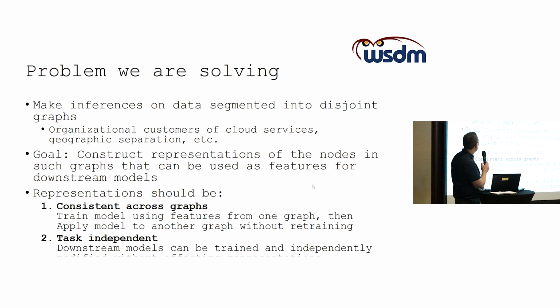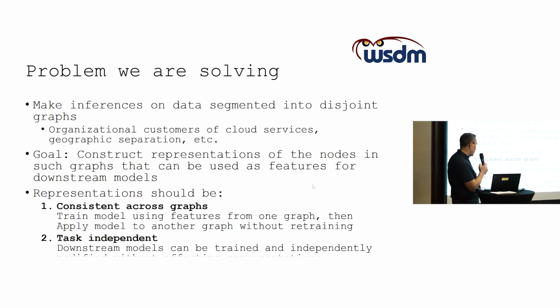However, our goal is to build the representations of the nodes in a way that they can be used by the downstream models. So we want to isolate the downstream models from traversing the graph, especially if the models are working in real time.